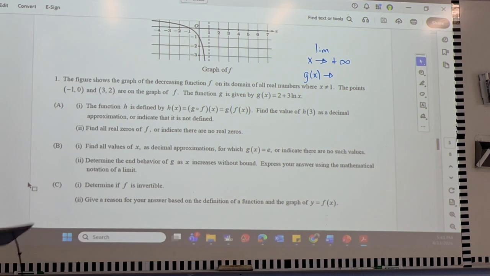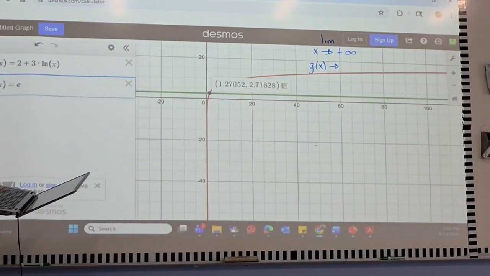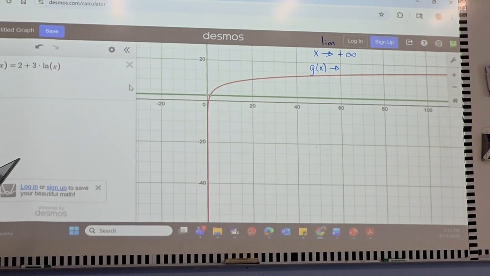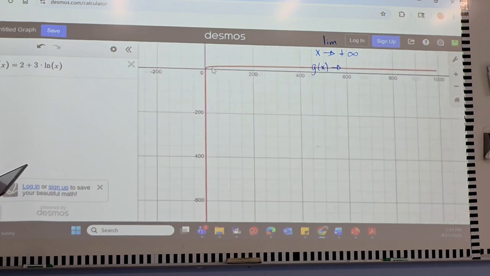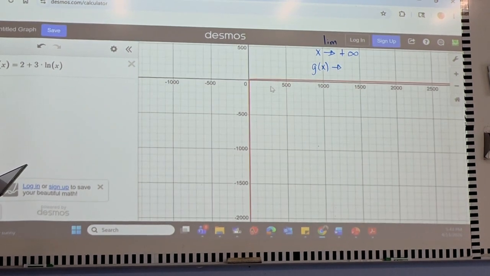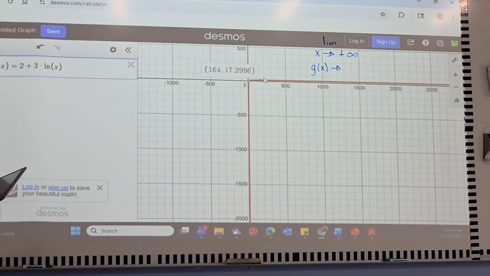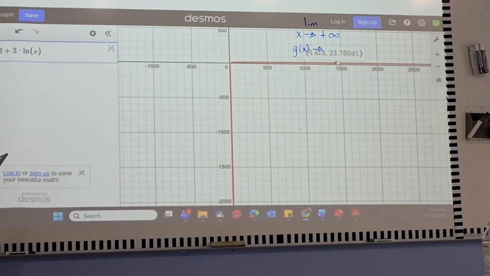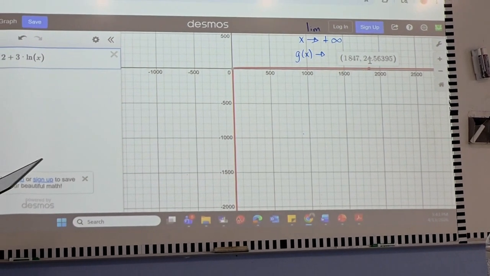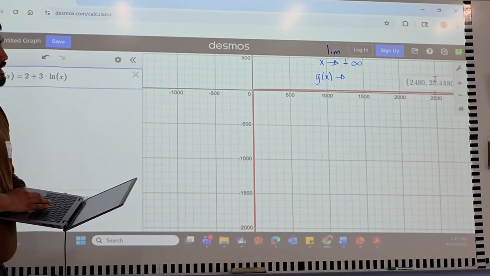So going back to decimals, because we're focused on g of x, let me get rid of this. You'll realize that even if I zoom out as much as I want, already in 2000s, look at the y's. The y's are slowly but surely increasing. So there's no asymptote here.